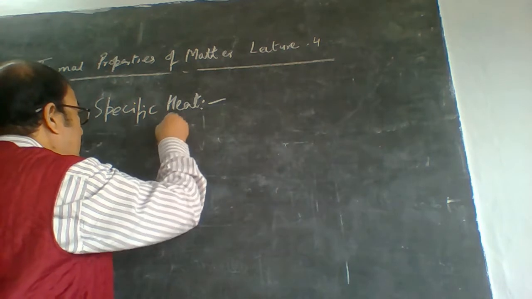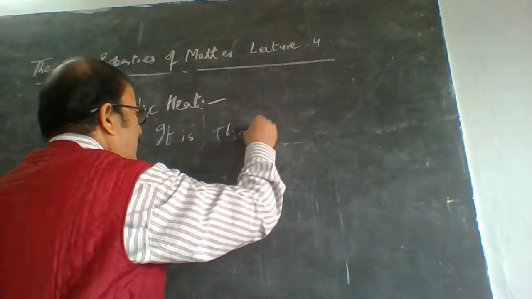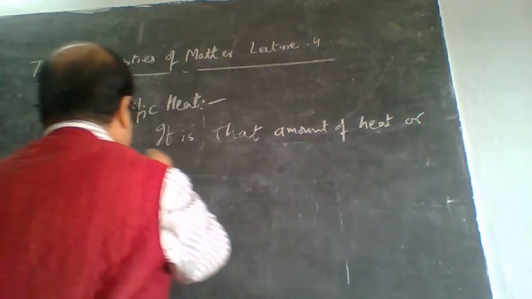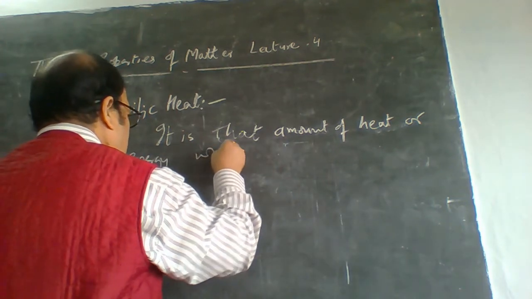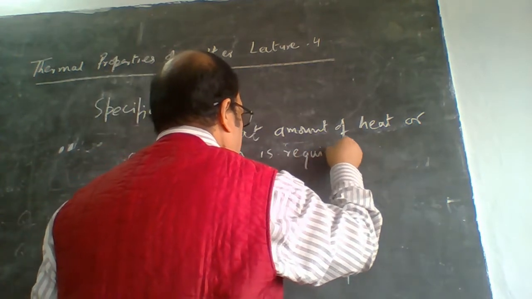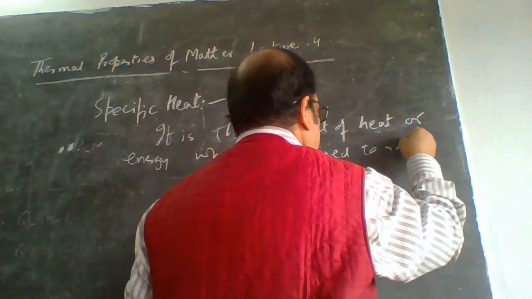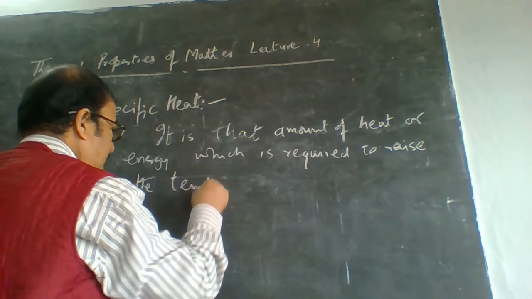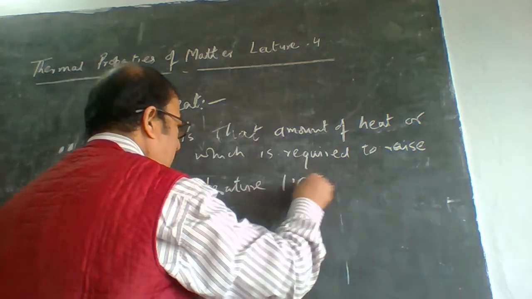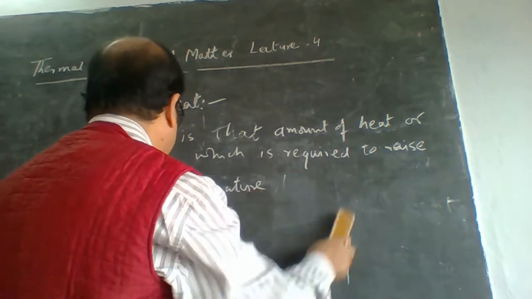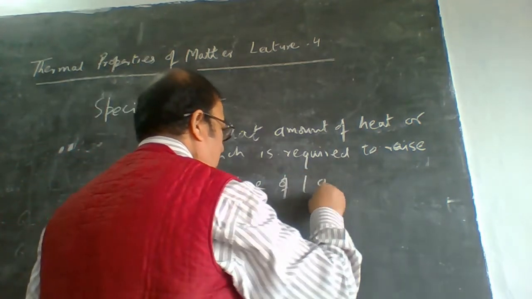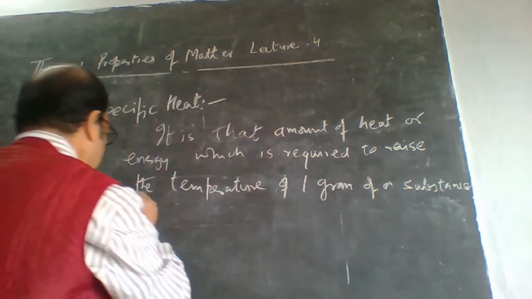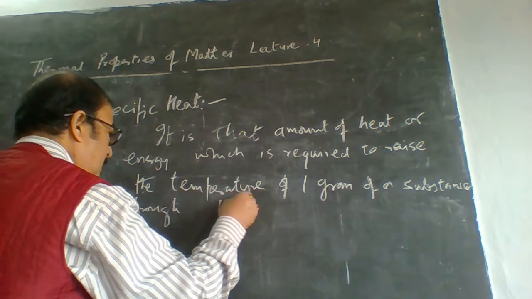Specific heat, it is that amount of heat or energy which is required to raise the temperature of 1 gram of a substance by 1 degree Celsius.